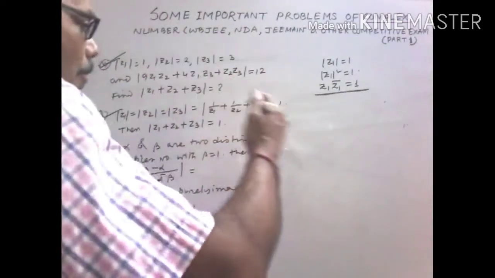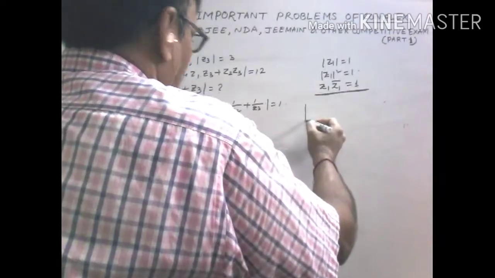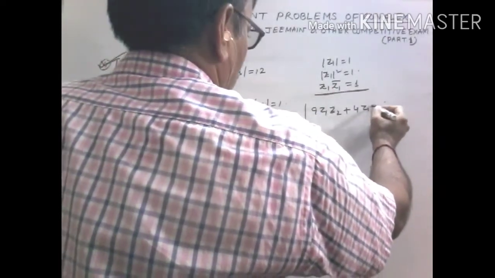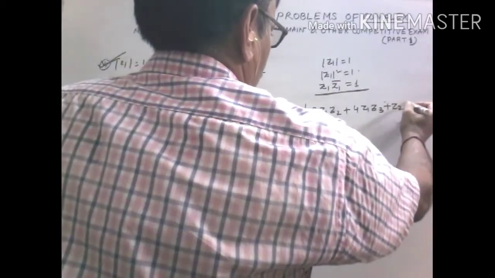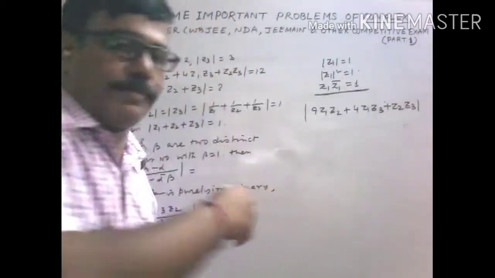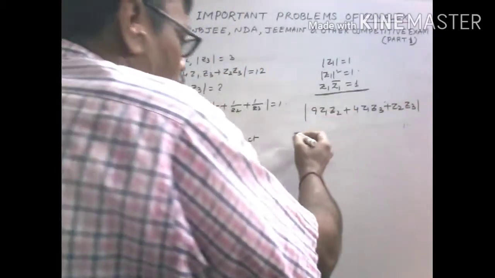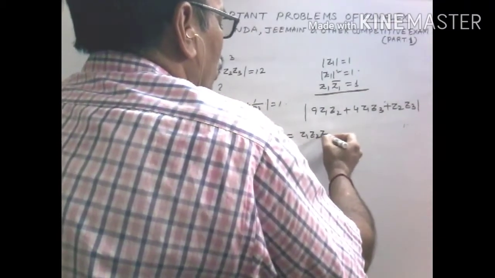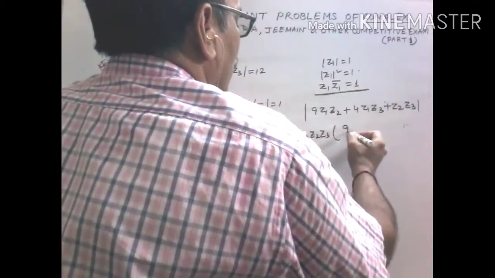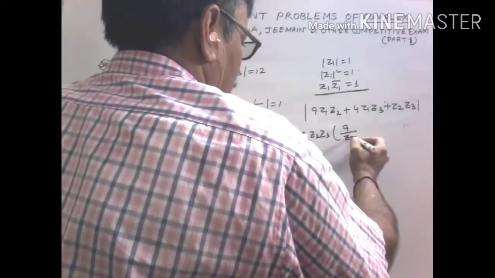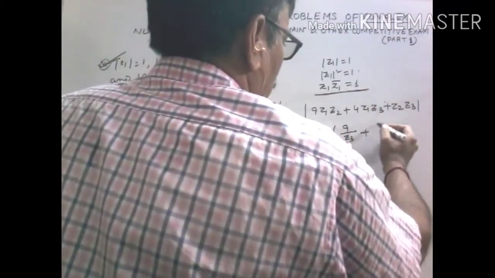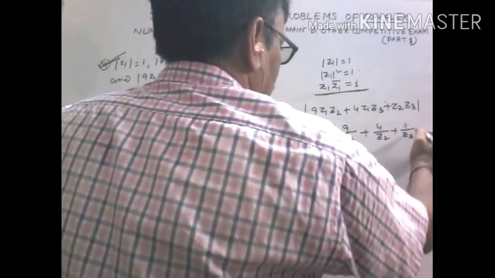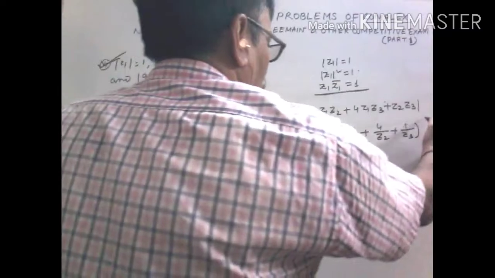So look, this expression is 9 z1 z2 plus 4 z1 z3 plus z2 z3, its modulus. If we take z1 z2 z3 common, this is 9 by z3 plus 4 by z2 plus 1 by z1. Now the total mod.